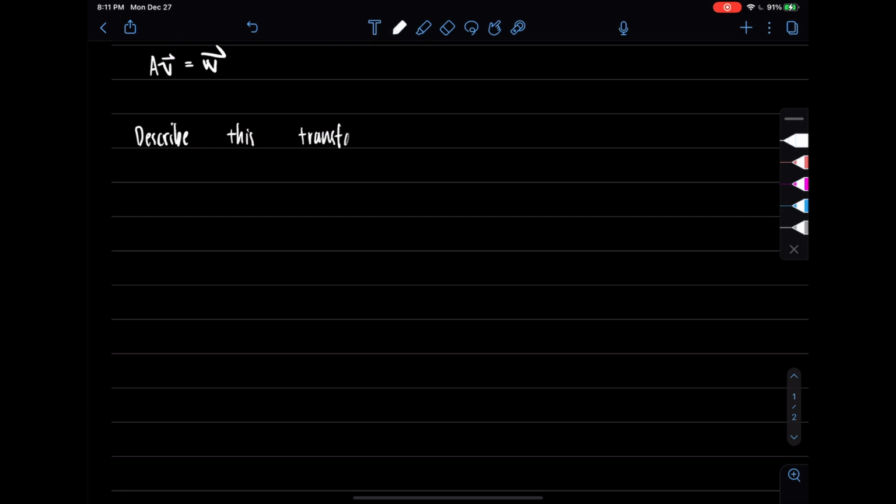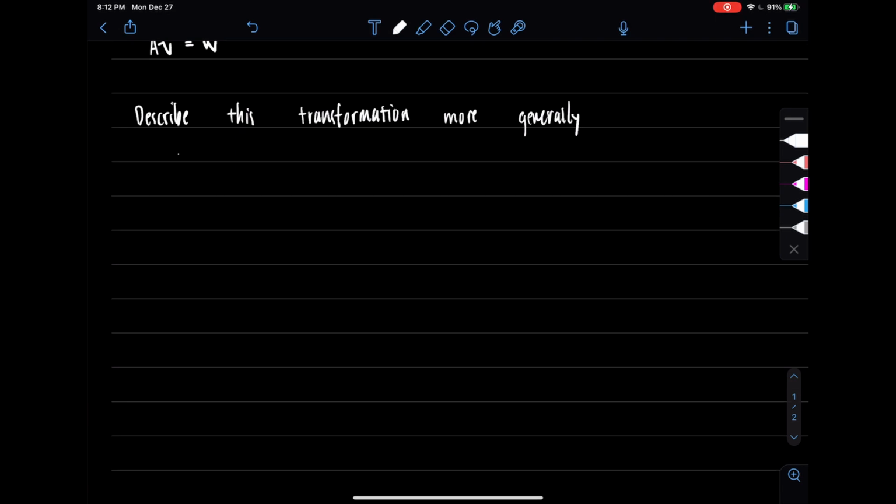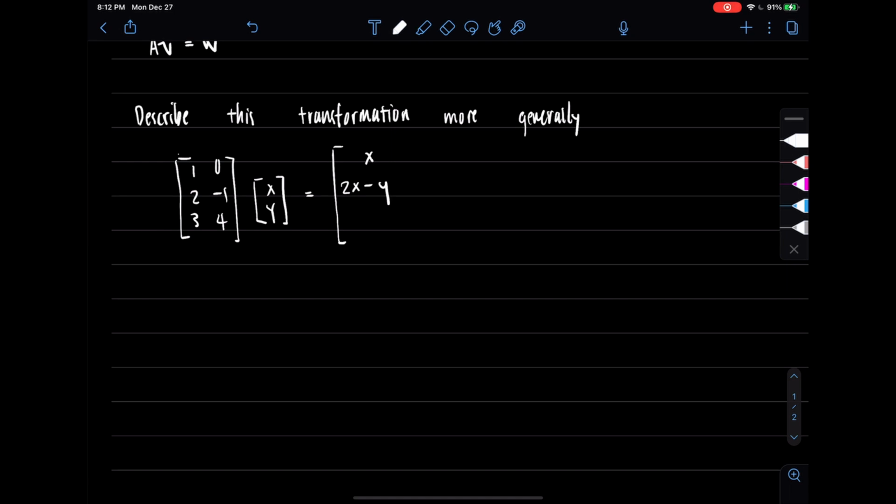So let's try to describe this transformation more generally using x and y. So we take the same matrix A and we write xy, and we can view the transformation on xy. So it would be x, 2x minus y, 3x plus 4y, as you see here.